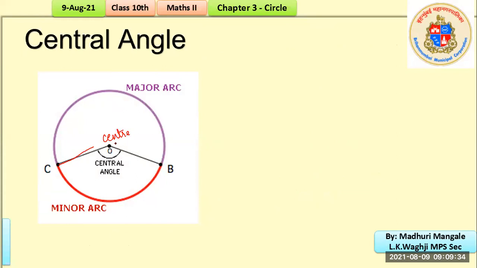This is the center of the circle. So it can be an angle like this also. You can see this angle POQ, this angle is made at the center. So any angle which is made at the center is called the central angle.